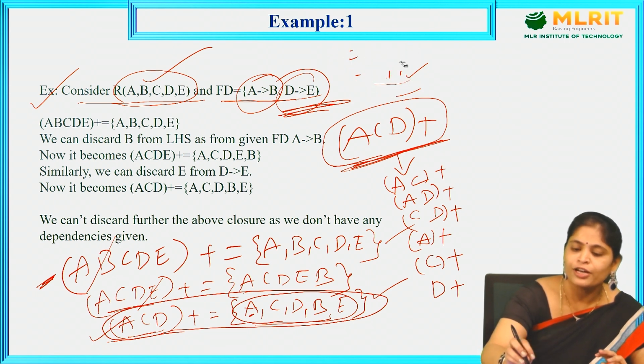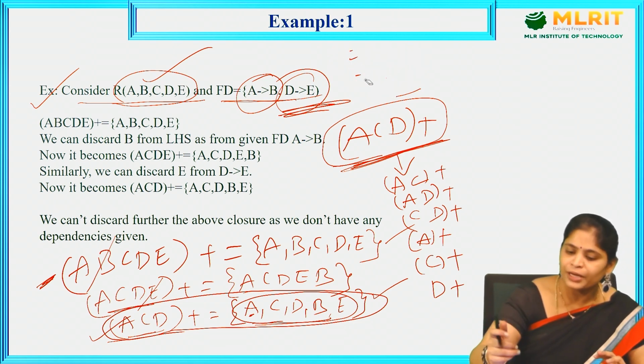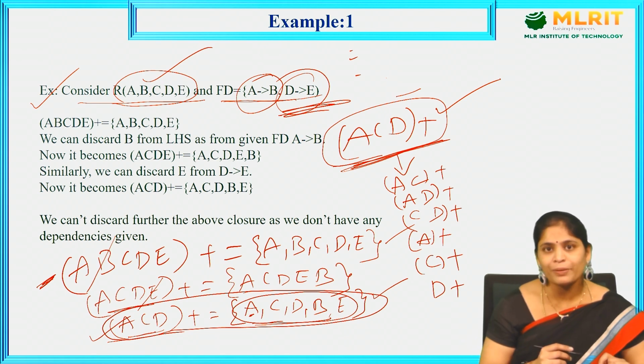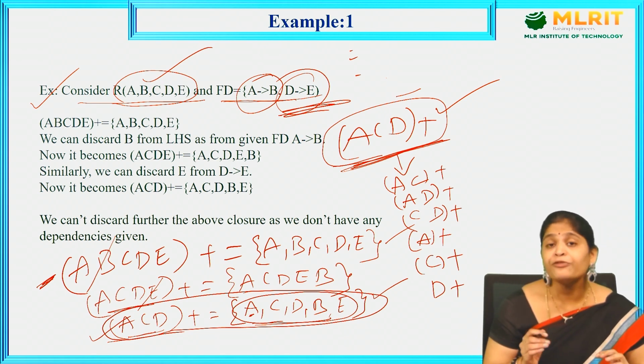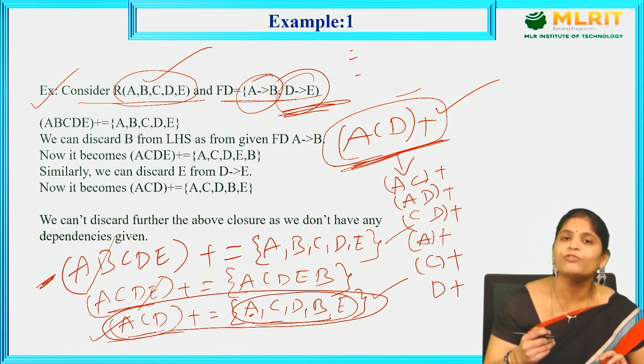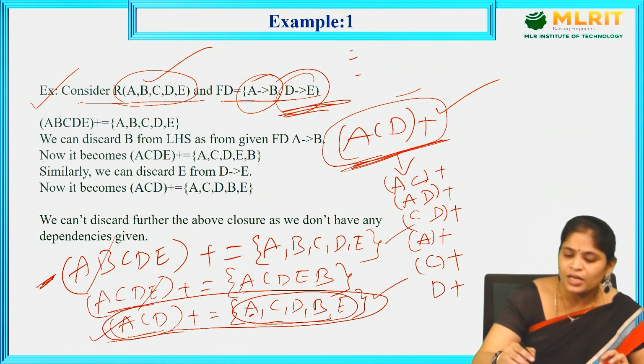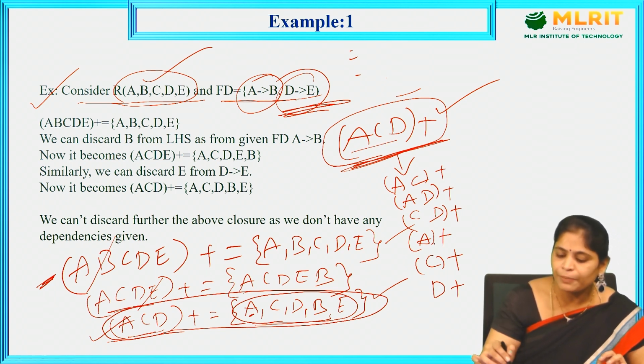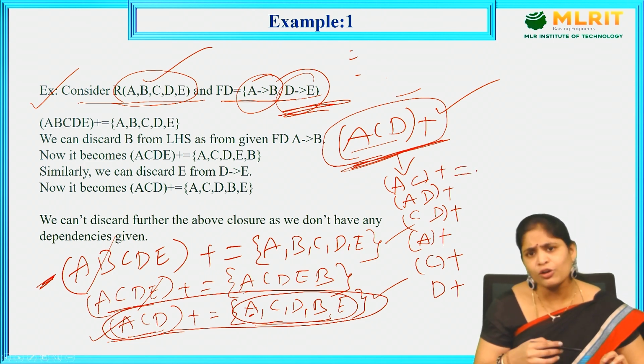Clear? Now, in this manner we obtained a super key. We have to find the number of candidate keys. What is a candidate key? It is nothing but a minimal super key. So we need to find the proper subsets of ACD: AC, AD, CD, A, C, D. Now find the closures.